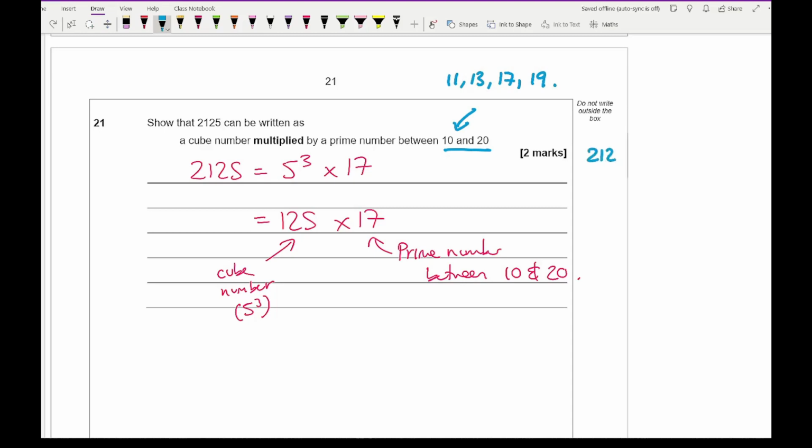Then if you do 2125 divided by 11, that doesn't give me a nice number. 2125 divided by 13 doesn't give me a nice number. 2125 divided by 17 does give me 125. So 2125 divided by 17 equals 125. There we go. And this is a prime number, and this is our cube number.